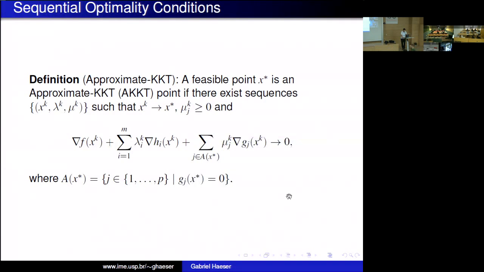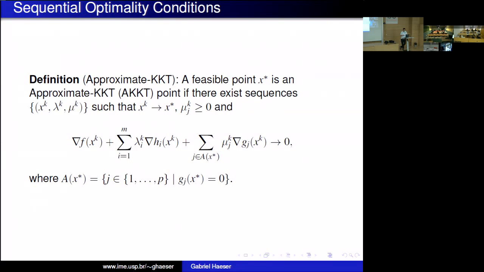Okay, so we say that a feasible point x star is an approximate KKT point if there exists this sequence that fulfills this condition, as we already proved. What we proved is that every local solution of the problem is an approximate KKT point.